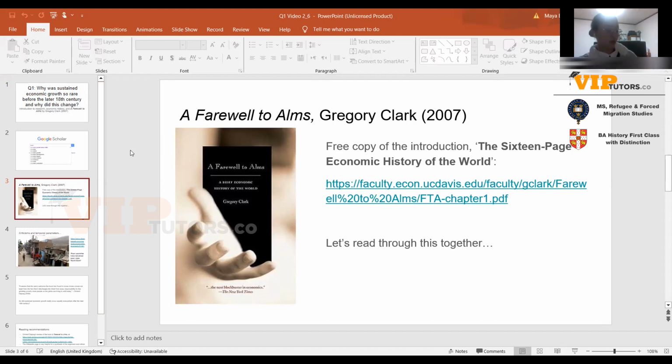When you approach a text like a secondary source, like this one, which has been cited by a huge number of people, over 3,000, and these citations themselves have been cited maybe over 1,000 times, you need to think about when it was written and how up to date it might be. This was written in 2007, 17 years ago.